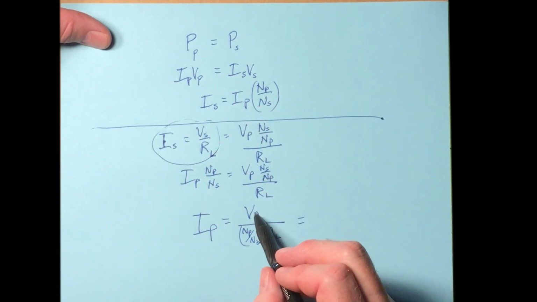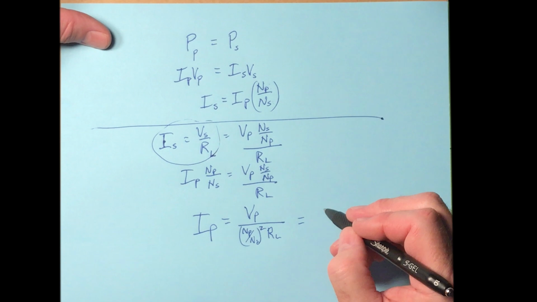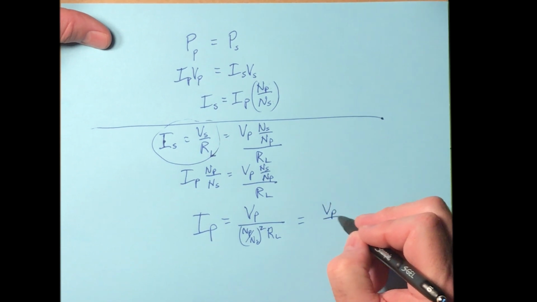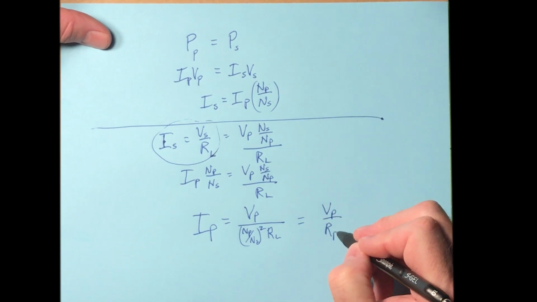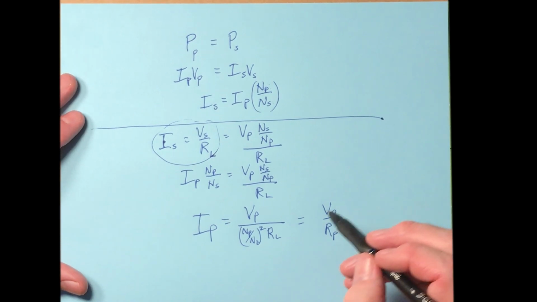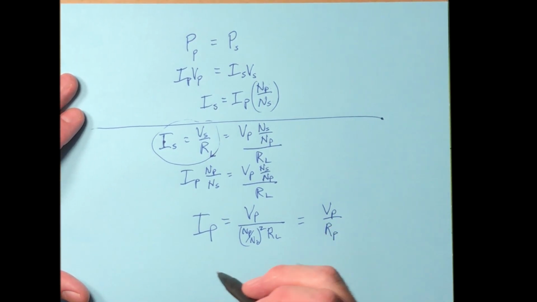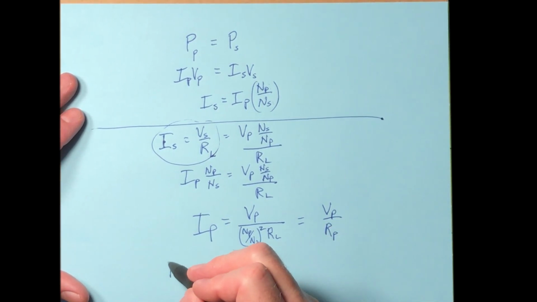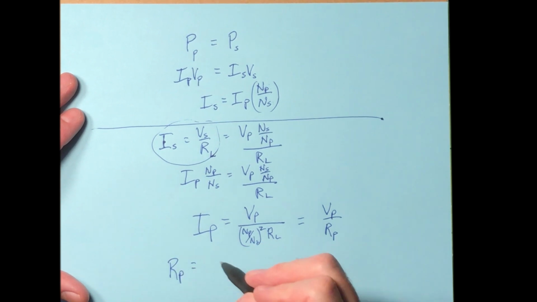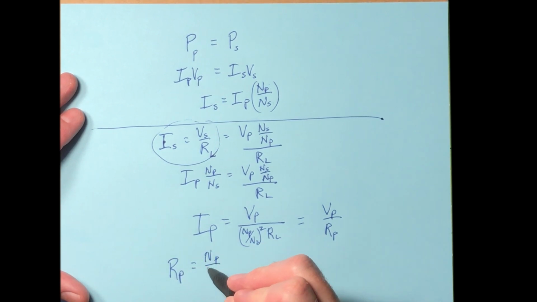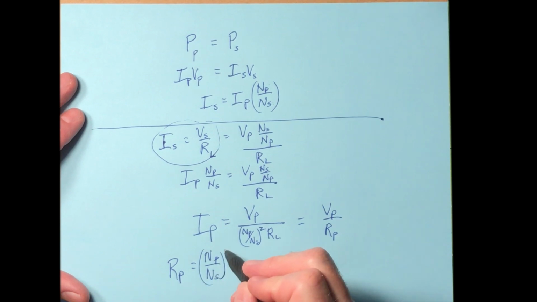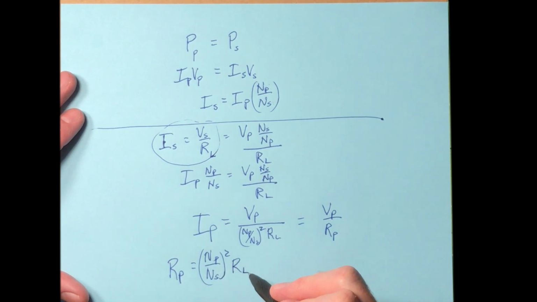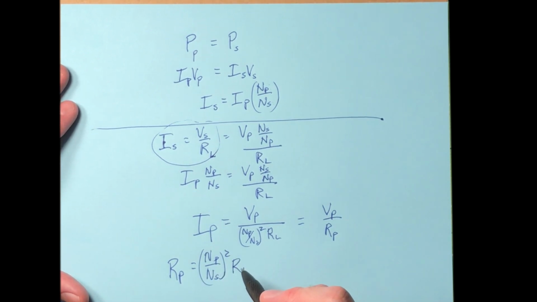In other words, current is equal to voltage over a total resistance. So this is V sub P over R on the primary side. Now here's the point. R on the primary side is equal to N sub P over N sub S squared times R sub L, which is the resistance on the secondary side.